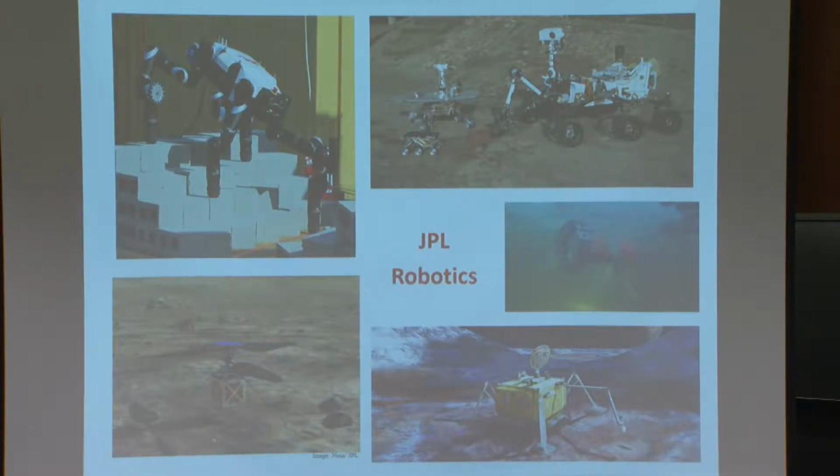A lot of the work that we do is mostly for NASA, and a lot of that deals with actual Mars, and not just Mars exploration, but also outer planet exploration. If you see on the right there, we have an underground robot that we are designing for Europa. The idea is that we want to go into underground oceans on Europa, and how can we build robots that can go and explore that?